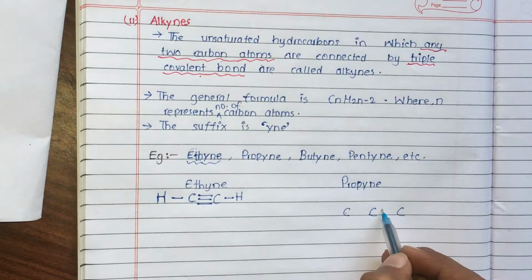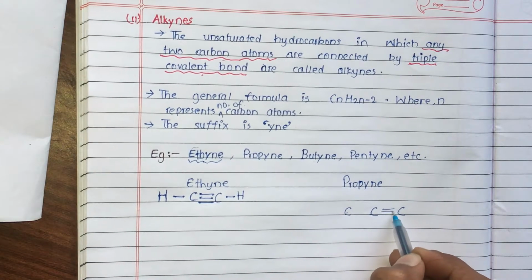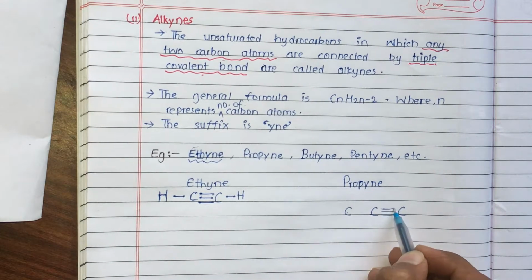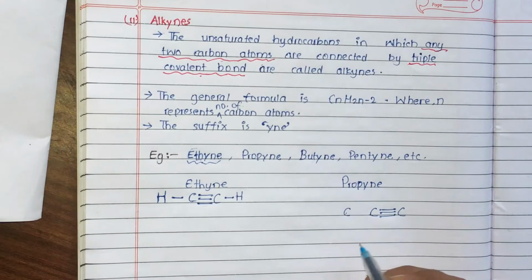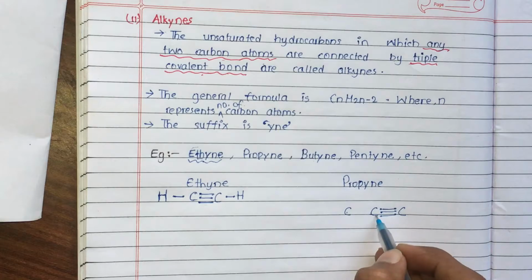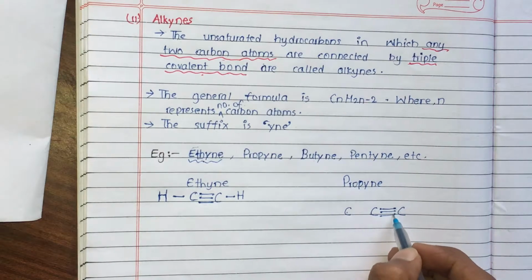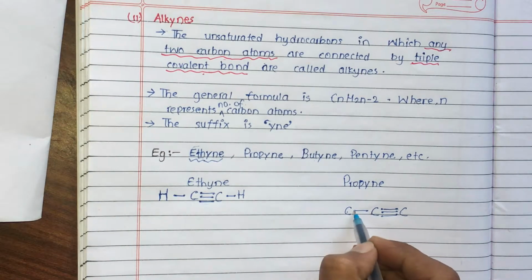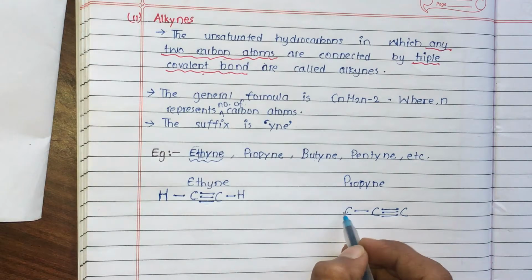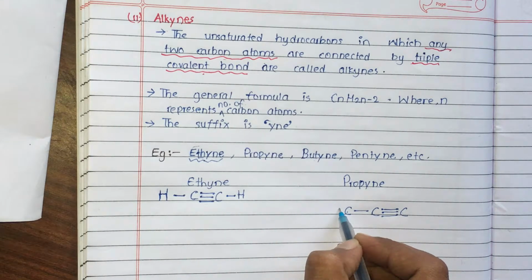Here let's write it between second and third; no matter where you write it. So 3 bonds of this carbon combine with 3 of this carbon, and 1 bond of this carbon remains, which combines with 1 atom of this carbon, and its 3 atoms are still to combine, and they combine with 3 hydrogen.